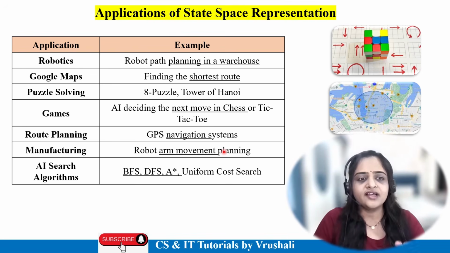And again, this problem is used in multiple AI search algorithms. We will understand all these search algorithms in our next session, like BFS, DFS, A star. All these algorithms use this particular problem. So these are the major applications of state space representation.